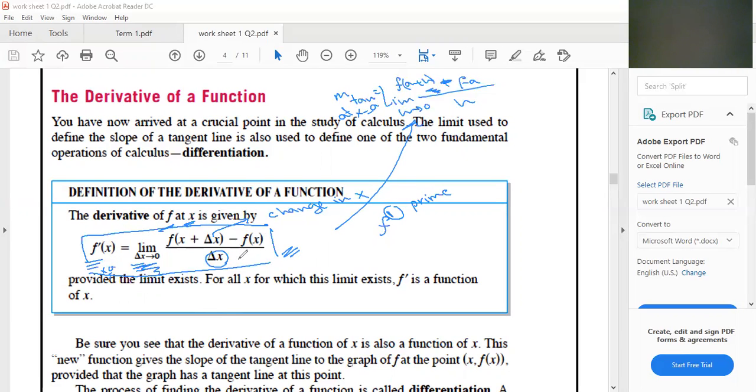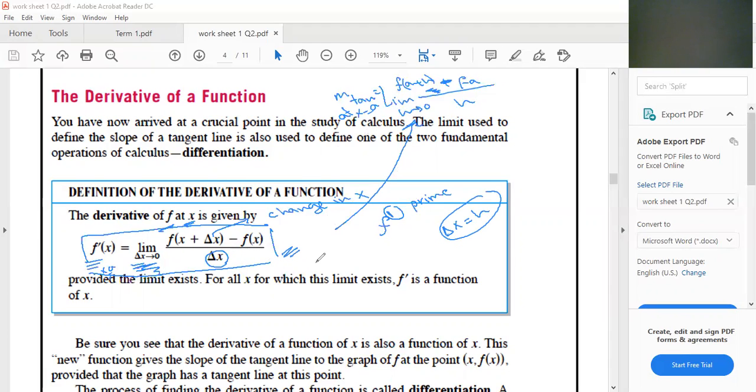It is the same: f of x plus a change in x minus f of x over delta x, where delta x means h. Here it is at a certain point, but for any x, as you change x by any given value, you find the slope of the tangent.